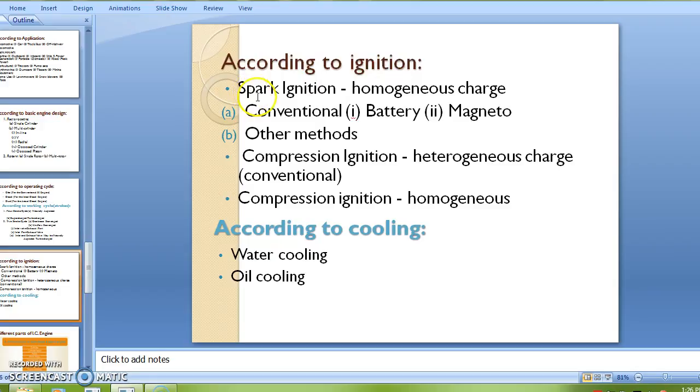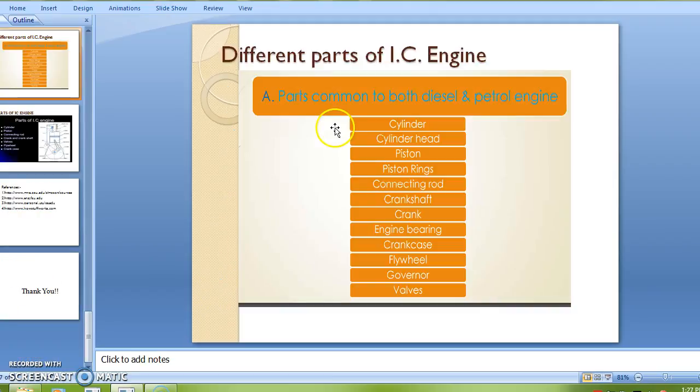According to ignition, spark ignition, homogeneous charge, conventional: first one is battery and magneto. Other methods, compression ignition, homogeneous. According to cooling: water cooling, oil cooling.